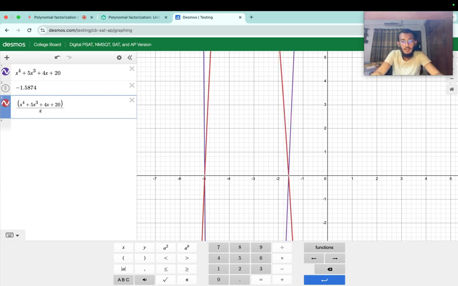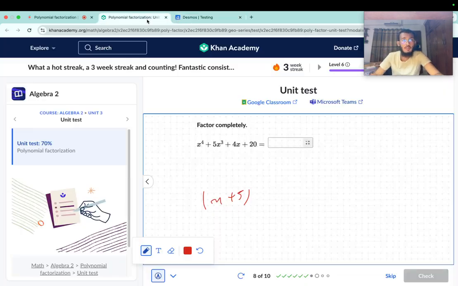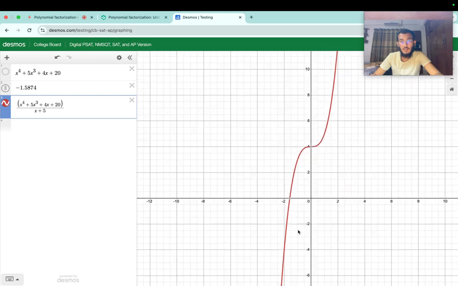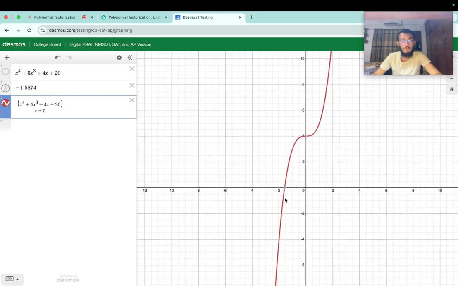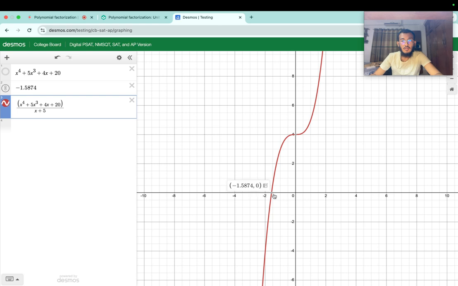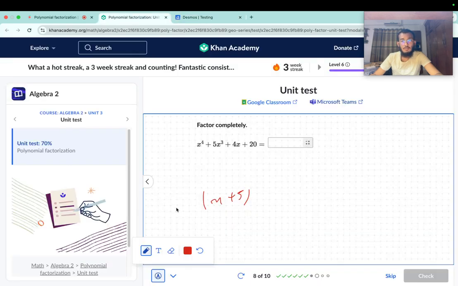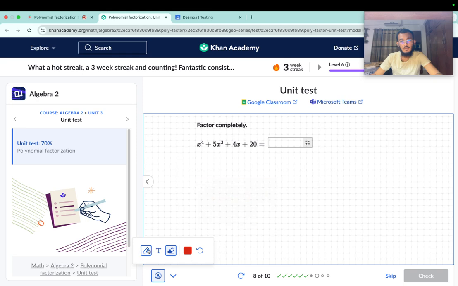Divide by x plus 5. Anyway, I have to do the dirty work: long division.